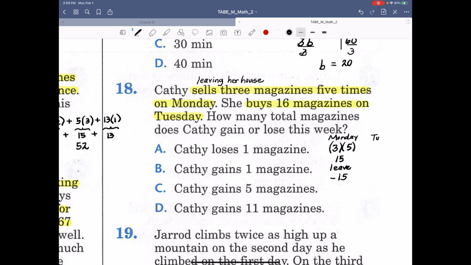On Tuesday, though, she buys 16 magazines. That means that 16 magazines are coming in to the house. So if she got rid of 15, but then she turned right around and brought in 15 and 1 more, that means that she has gained a magazine. And that is answer B.